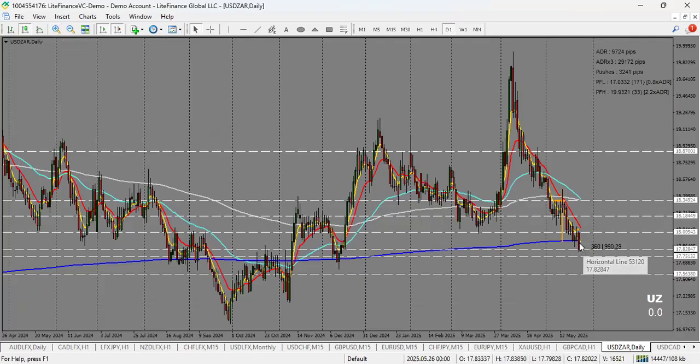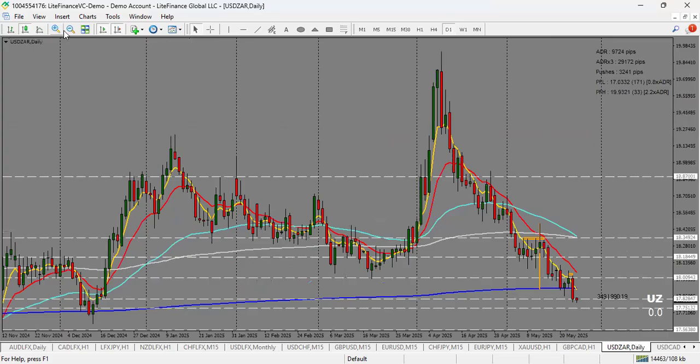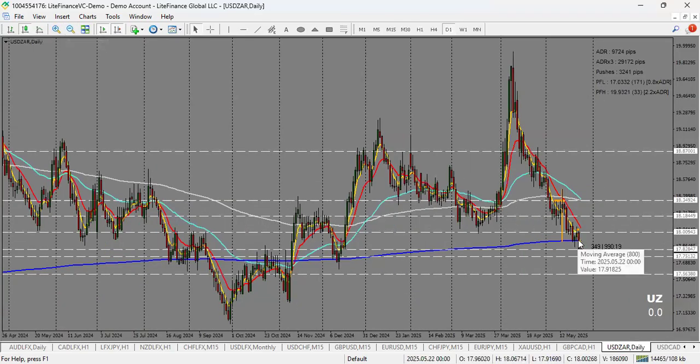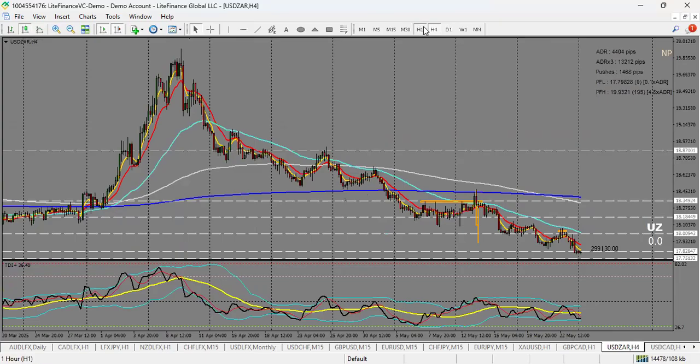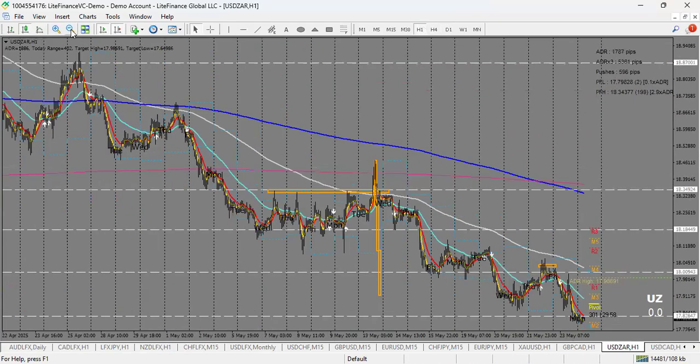On the daily time frame, we expected price to reverse around this 800 EMA, but price has broken it, and I think they are finding liquidity down here. So this is a move in search of liquidity, and they might break this low here, find this area of resistance before going up. So let us draw an arrow boxes here.